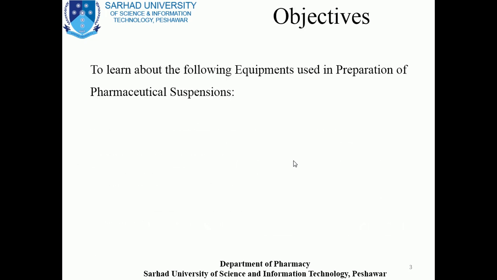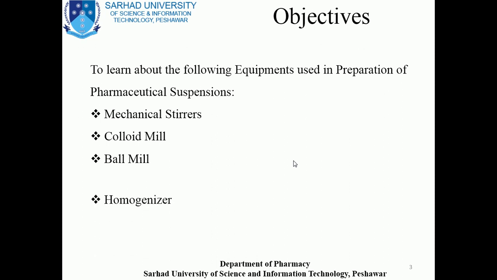The main objective of today's topic is to learn about the various equipment that is utilized in the preparation of pharmaceutical suspension, including mechanical stirrers, colloid mill, ball mill, and homogenizer. In today's lecture, our focus will be on these equipment.